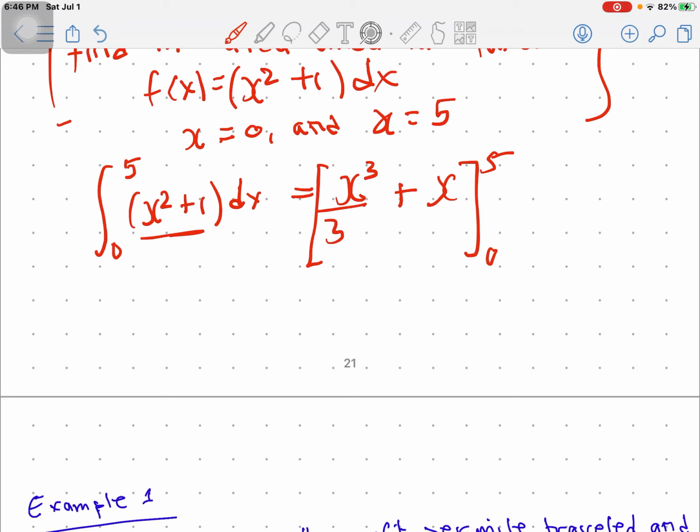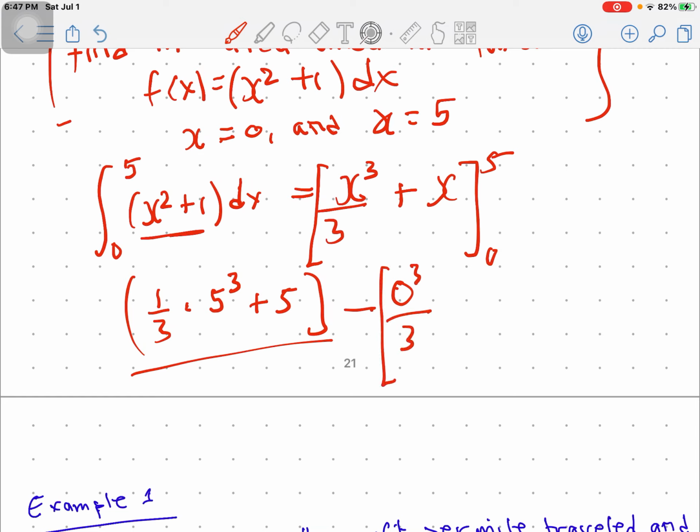So in simple terms, we are going to get 1 over 3 multiplied by 5 power 3 plus 5, because we have already brought the 1 over 3 out. And this is the upper limit minus the lower limit, which is 0 power 3 over 3 plus 0.